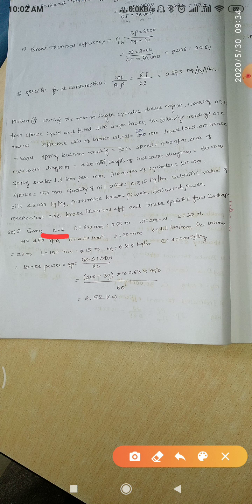Length equals 60 millimeter. Small s equals spring scale, that is 1.1 bar per mm. Then d equals diameter of cylinder 100 millimeter, that is 0.1 meter. Length of stroke is given 150 millimeter, or you can write 0.15 meter. Then mass of fuel is given 0.815 kg per hour. CV is given, calorific value 42,000 kilojoule per kg.